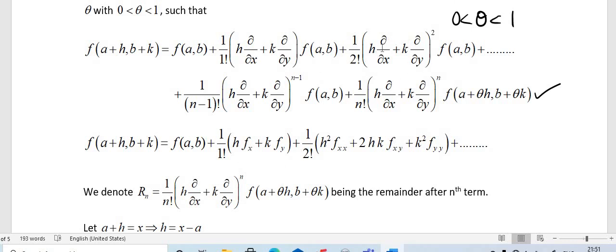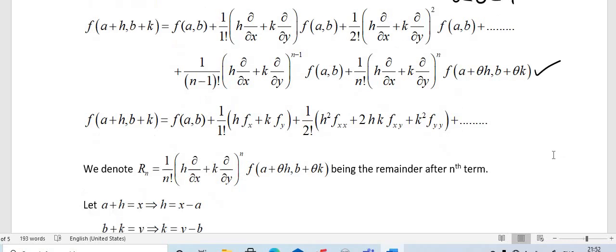Here I am expanding this by using the formula a plus b whole square, that is a square plus b square plus 2ab. Whenever we are using a square, I am writing fxx. Whenever I am using b square, I am writing fyy. In the place of 2ab, I am writing fxy. Similarly, we can write 1 by 3 factorial and the remaining terms.